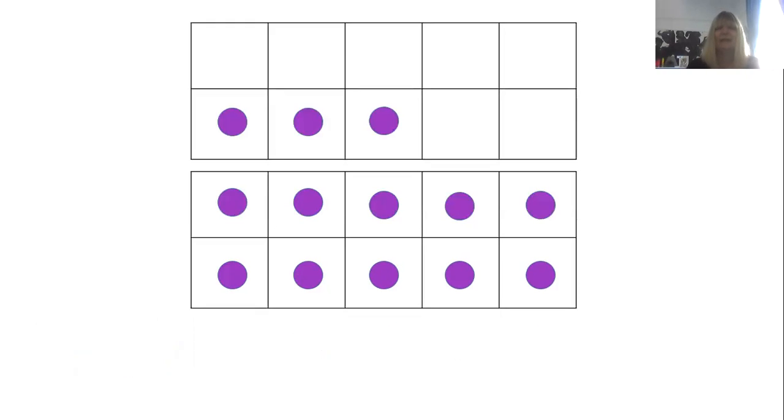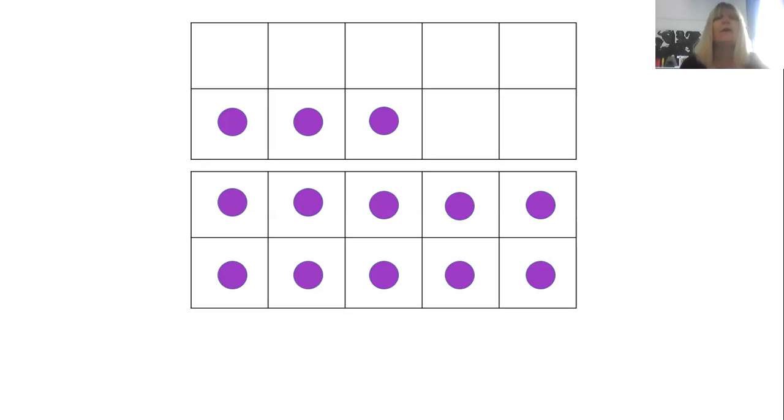Now, let's have a look at these 13. We're going to try and write that number sentence like we've been doing this week. We've got the 10 and the 3, 13 purple dots. How many empty squares? Should we count? 1, 2, that's the 2 next to the 3 on the bottom row. So 1, 2, top row all empty.